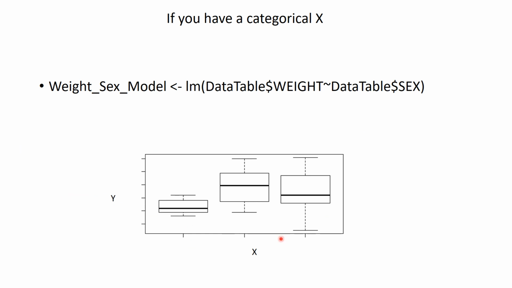And in this case, we are not looking for a trend, but we are looking for differences in the means of these different X variables. So we would look for a difference between, say, female, male, and unknown, whether the weight of those is different. Okay, so we need to word our analyses a little bit differently too.